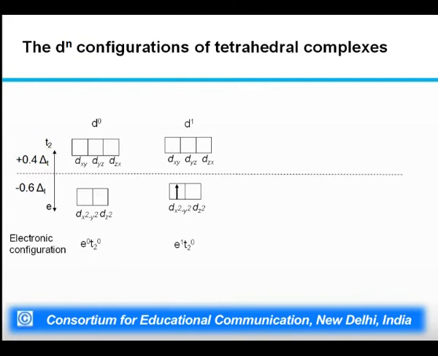e1 t2^0. Now, the d2 case has an option of either pairing up with the electron in dx square minus y square or occupying dz square either with a parallel spin or an anti-parallel spin. In the first case, where we spin pair the electron, there would be an energy penalty. So, that option is not taken into consideration.